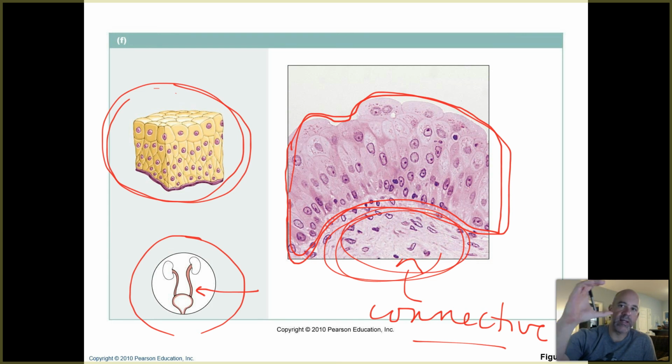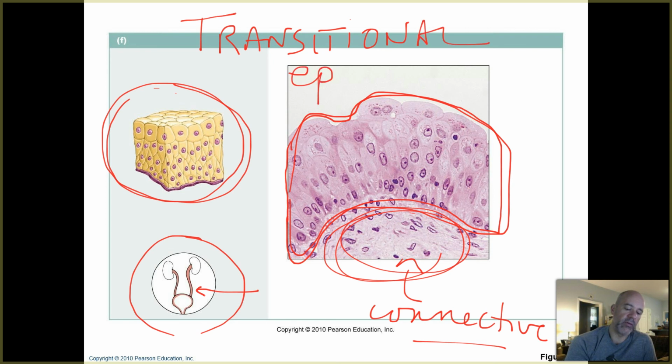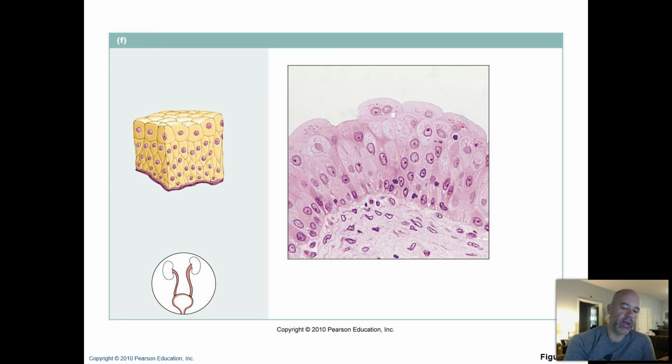As the bladder empties, those cells will relax and go back to the shapes that you really see there in that picture. So this one has its own name. This is called transitional epithelium because the cell shape undergoes transitions as the bladder fills up or relaxes, or as your ureters fill up or relax, depending on how much urine is passing through.